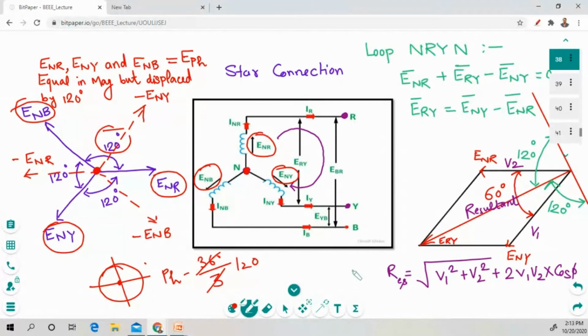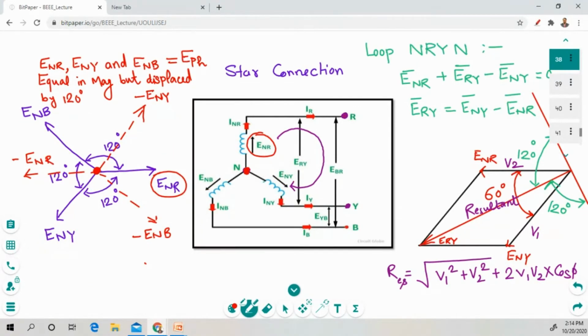Now we have to calculate the phasor diagram. We will consider two voltages. First voltage we consider NR, and second voltage we consider NY. This is the NR voltage and this is the NY voltage, and we have to consider the resultant. How can we create a resultant for two vectors?